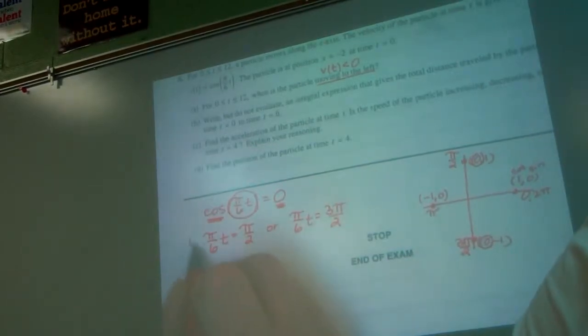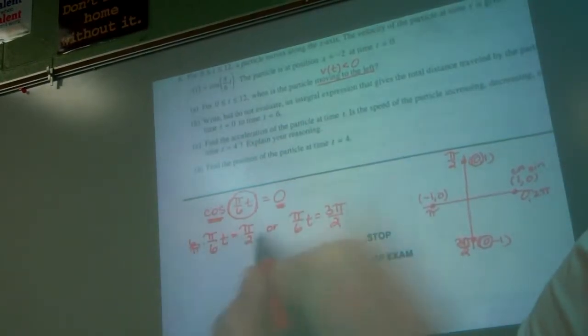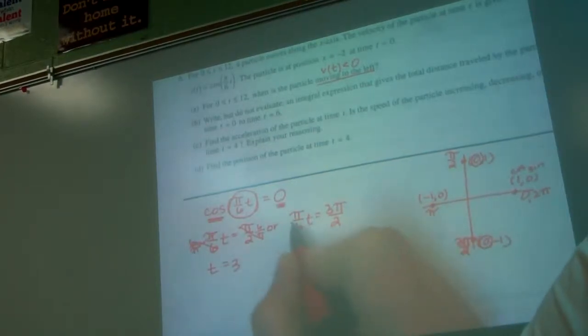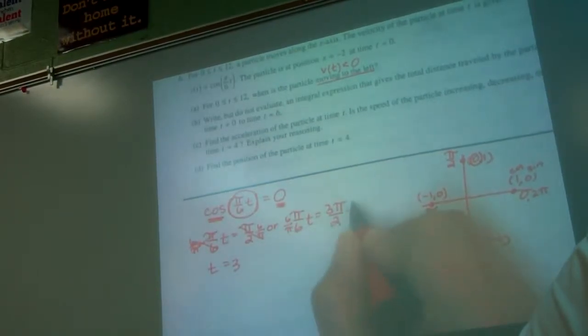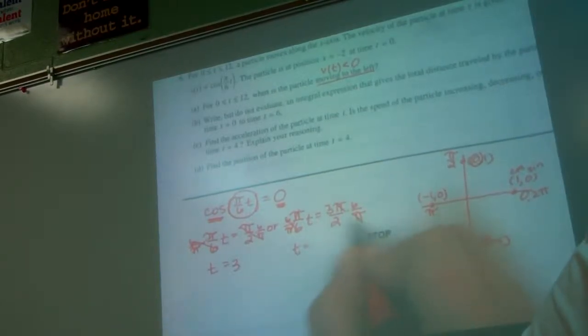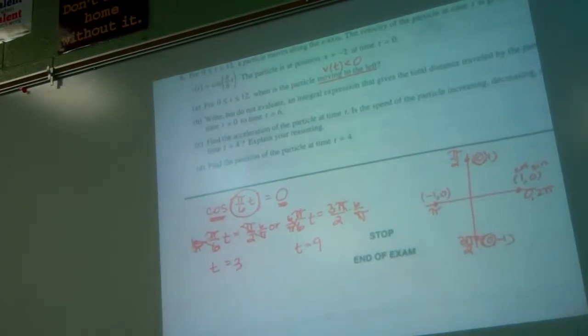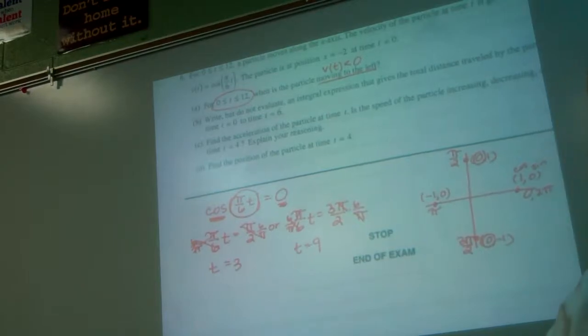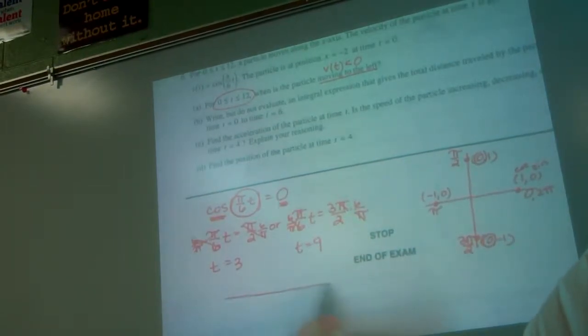So if I multiply both sides by 6 over pi, I'll get t is 3 and t is 9, which are both in the interval that I'm talking about here. So at 3 and 9, the velocity is 0.